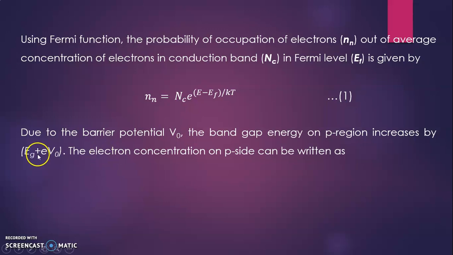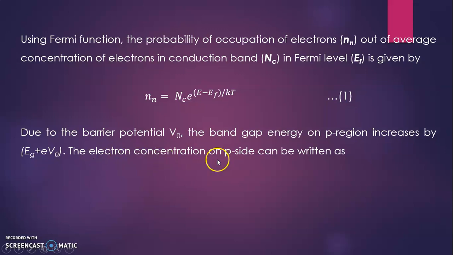So on the P side we have seen the shift occur, the conduction band shifted upward, and that increased energy is E suffix g, the band gap energy, plus E V naught.